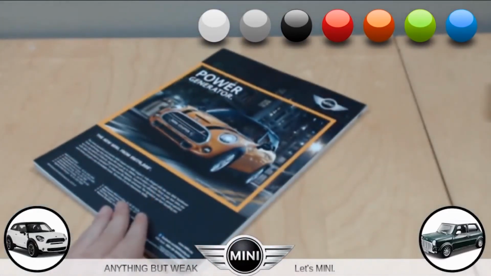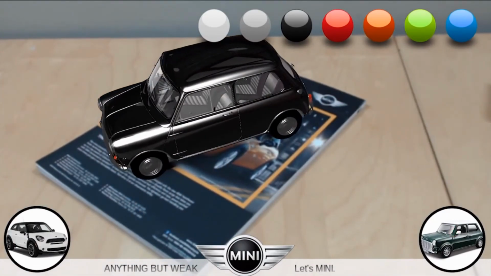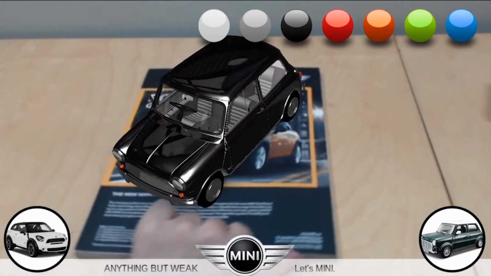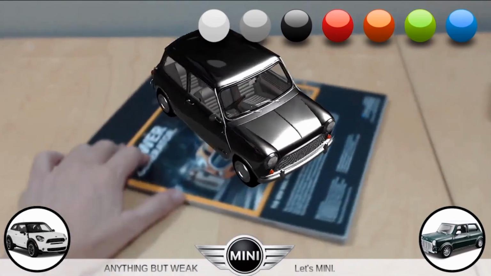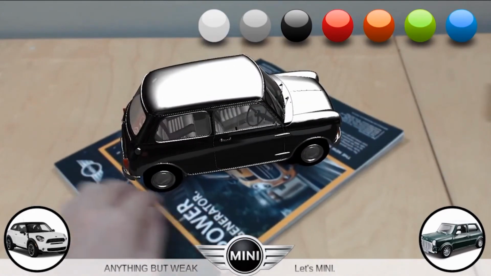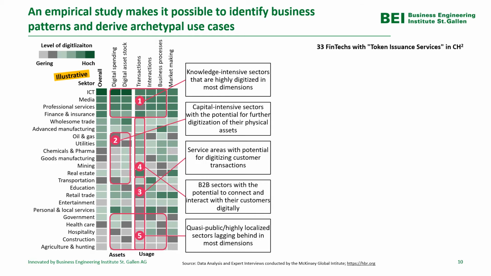And I think that especially for these kinds of goods, you can easily build up marketplaces for the tradability of such digitized assets. And in general, the opportunities for tokenization may seem endless.